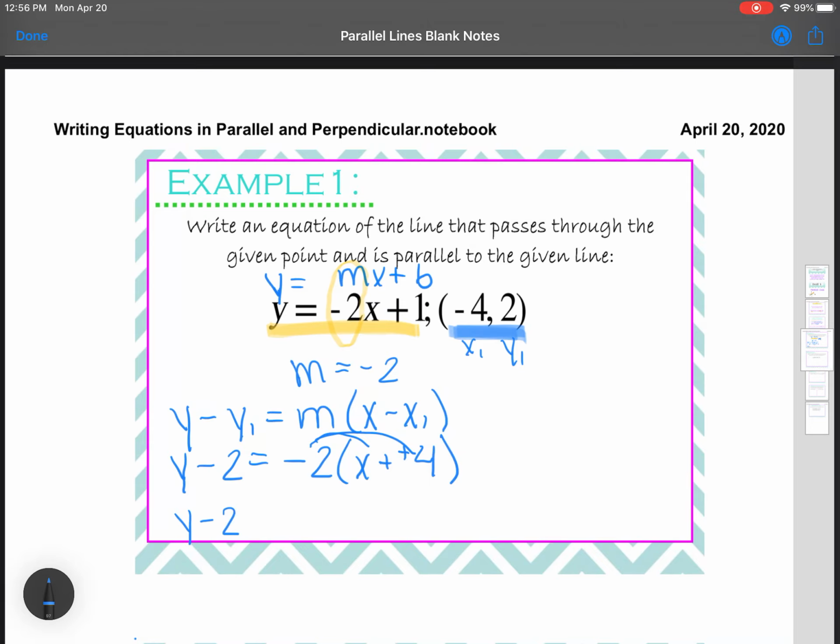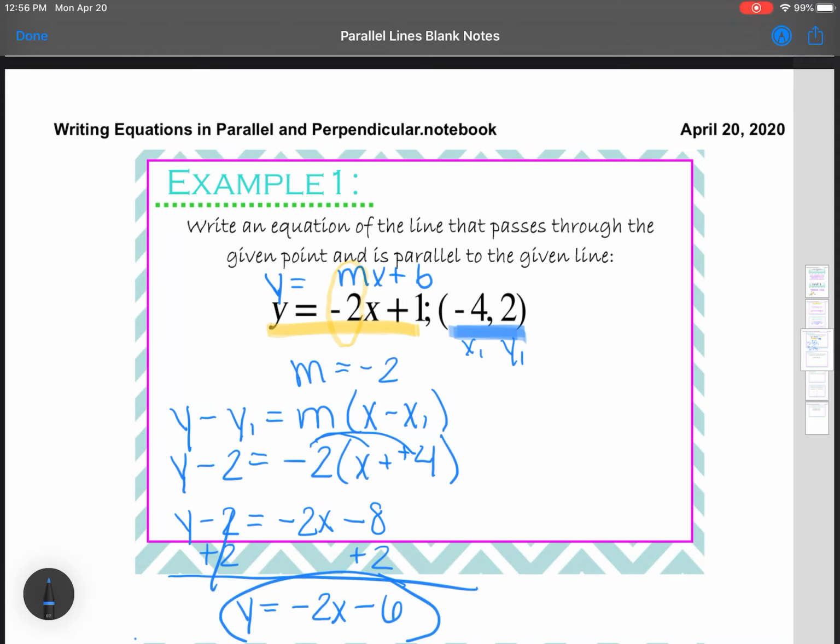So I'm going to rewrite this. Y minus 2 equals -2 times x, -2x, -2 times +4, -8. Now, my last step, I have to get y by itself. So I'm going to add 2 to both sides. And my final equation, y equals -2x minus 6. All right?